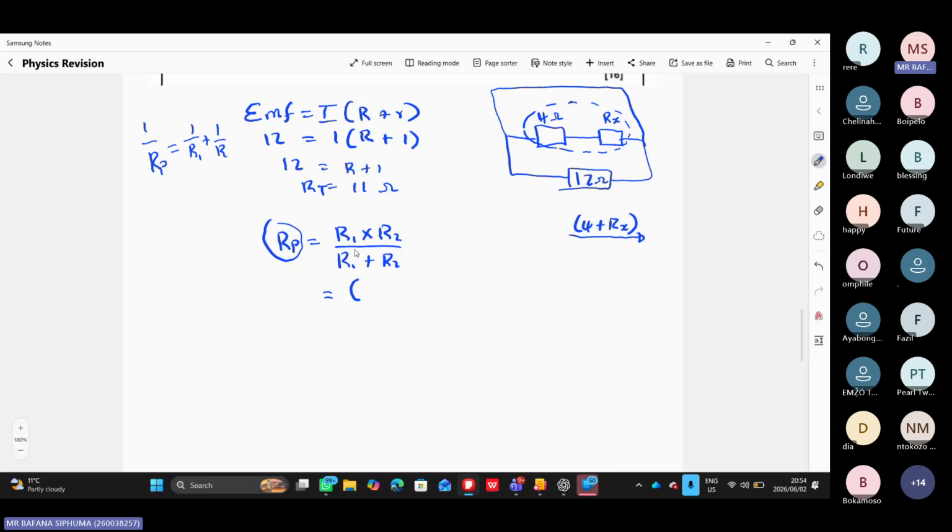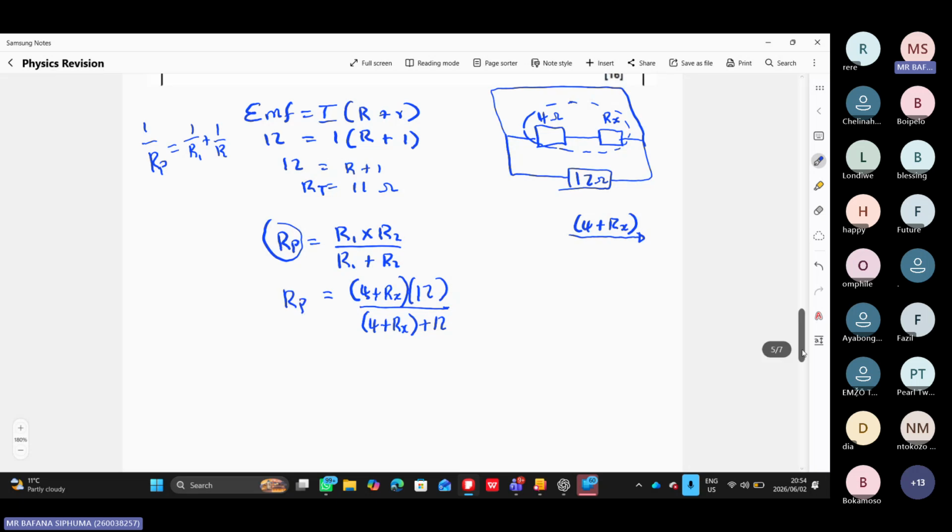Now I'm looking for the resistance of the parallel branch, but I'm not going to simplify it, I'm just going to find the formula of it. So I'm going to say 4 plus Rx, multiplied by 12, which is your R2, divided by 4 plus Rx plus 12. We are sorted. That's Rp.